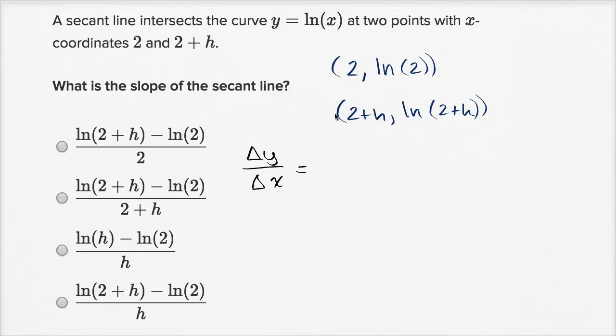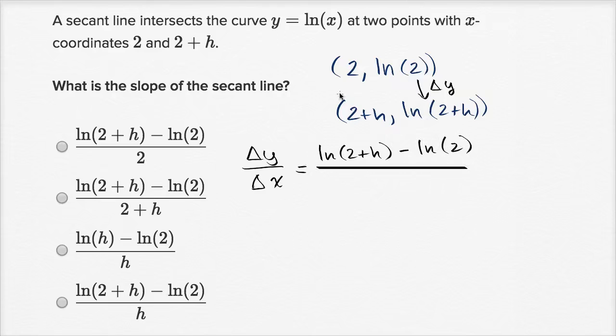Well, if we view the second one as our endpoint, our change in y going from ln of 2 to ln of 2 plus h, so our change in y is going to be our endpoint, natural log of 2 plus h, minus our starting point, or our end y value minus our starting y value, natural log of 2. And then our change in x is going to be our ending x value, 2 plus h, minus our starting x value, minus 2.